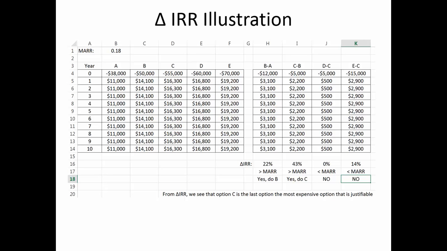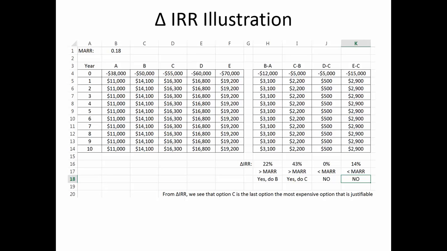First, put the options in order from cheapest to most expensive. You can see option A is the lowest cost. It's $38,000. Option B is $50,000, and so on. In the incremental analysis, you compare the cheapest option to the next most expensive. So we're comparing B and A in this column.